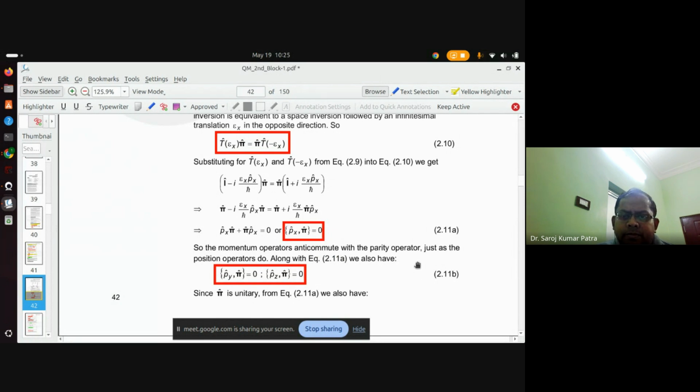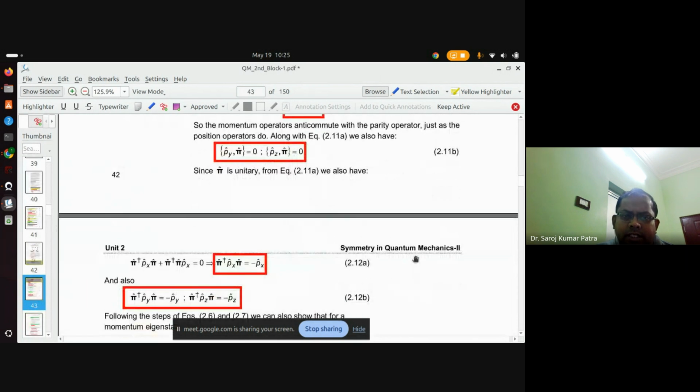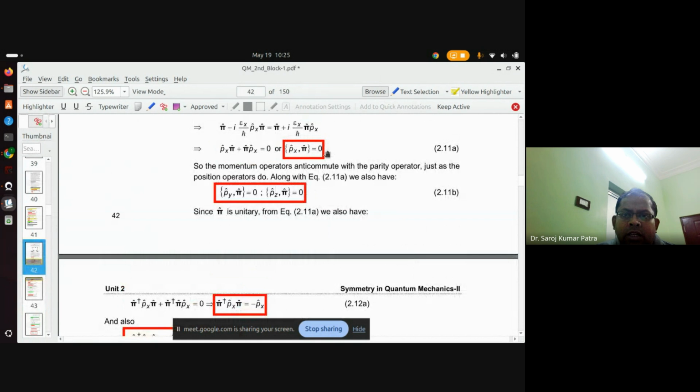Okay? So these are the conditions of the parity operator. So parity will not commute with px. It will anti-commute with py.